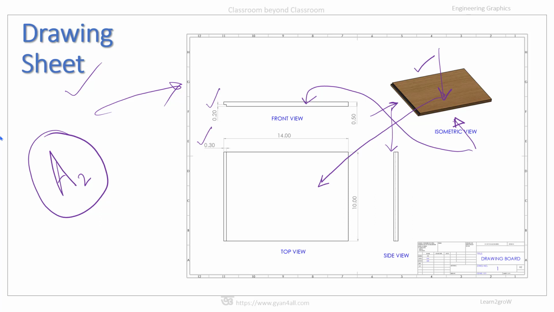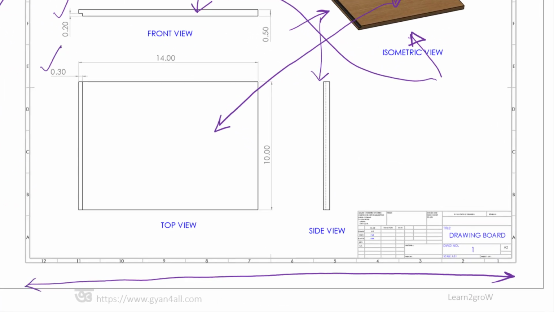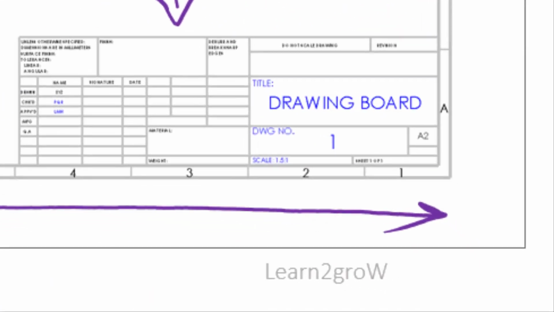So as per ISI, the A2 size drawing sheet grid reference number of grids should be 12, 1 to 12 in the horizontal side, and in the vertical side the number of grids should be 8. That means A, B, C up to H. And this is the nameplate, in which some information is given.